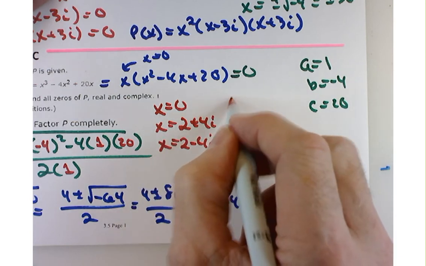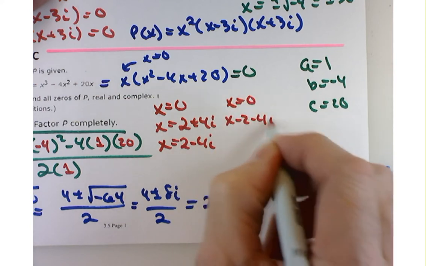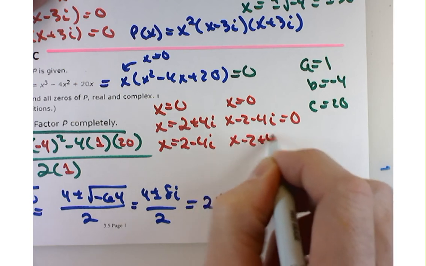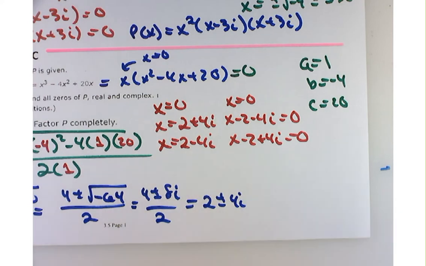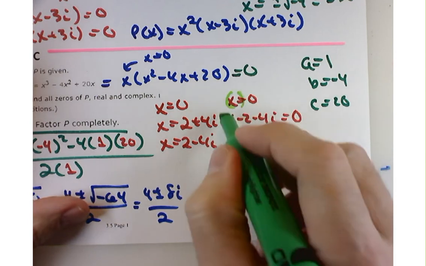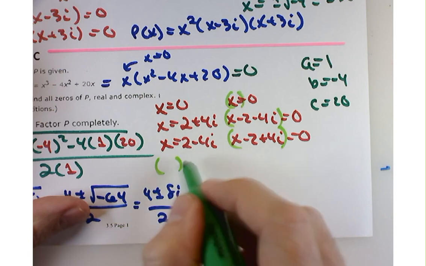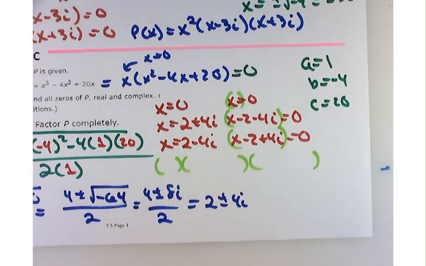I'll still have x equals 0 here. Here I'll have x minus 2 minus 4i equals 0, and x minus 2 plus 4i equals 0. Those are the binomials that I wanted. So this one, and this one. So that's going to give me my P of x.